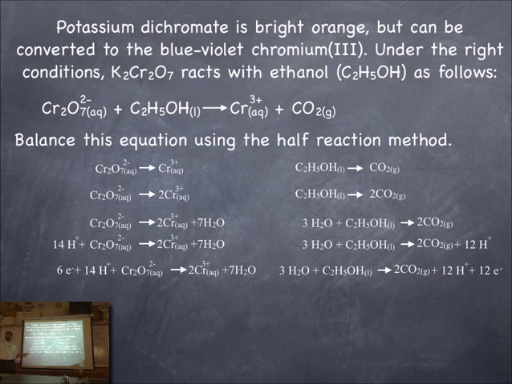So that the electrons gained and the electrons lost are the same. So we're going to take this equation right here and multiply it by 2. That means that we'll have 12 electrons, 28 hydrogens, 2 dichromates, 4 chromiums, and 14 waters. I need this number of electrons here to equal this number of electrons right there.